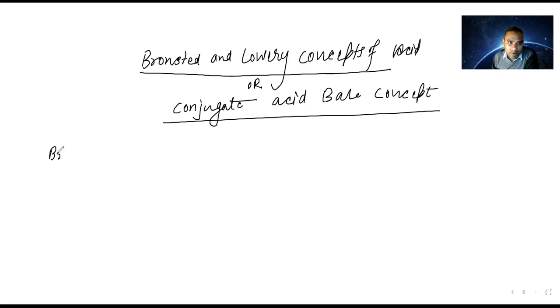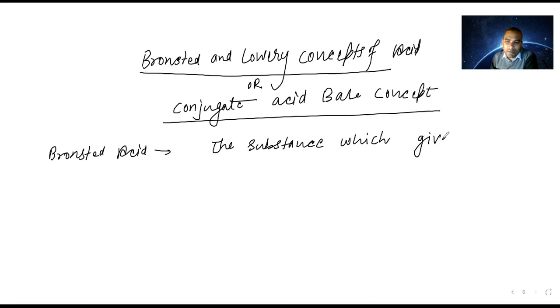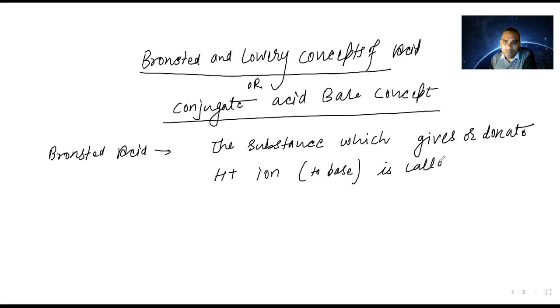If you are talking about a Bronsted acid, what can it be? The substance which gives or donates H plus ion to a base is called a Bronsted acid.